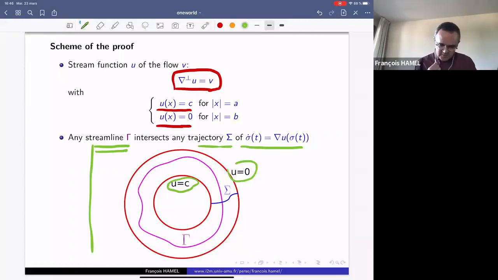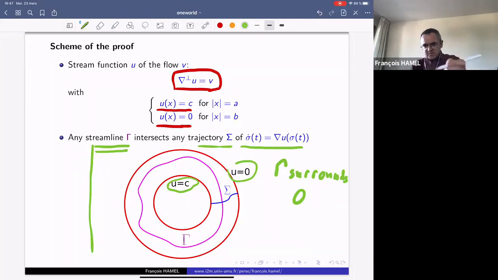And therefore any streamline gamma has to surround the origin O. By that I mean that gamma is a Jordan closed curve, and the bounded connected component of the plane minus gamma contains the origin. So we have this type of picture for gamma.